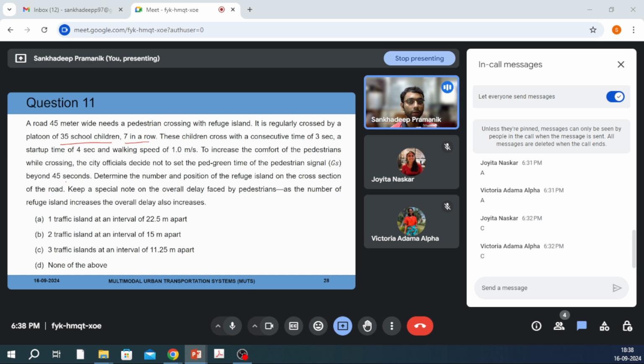Determine the number of position of the refugee island on the cross section of the road. Keep a special note on the overall delay faced by pedestrians. As the number of refugee islands increases, the overall delay also, so overall delay also you need to consider, and you have to find how many traffic islands at what interval should be there.